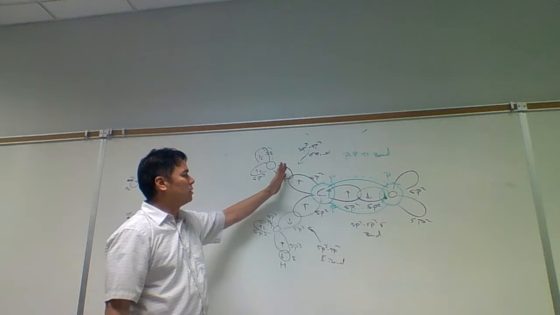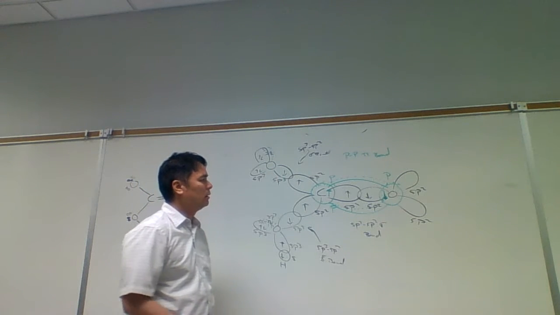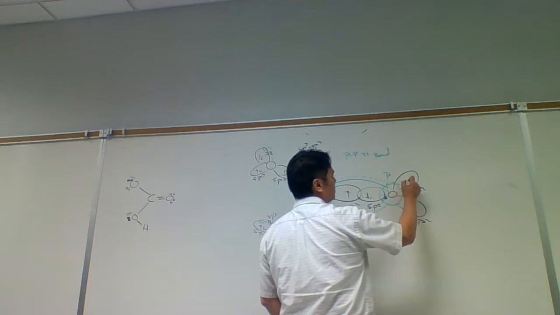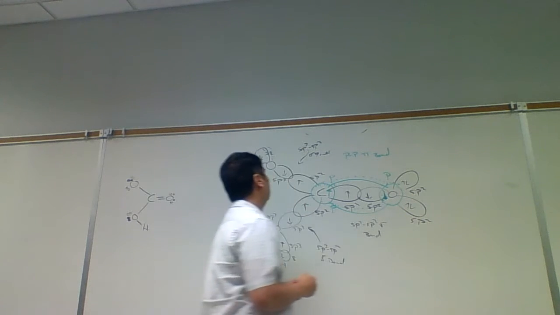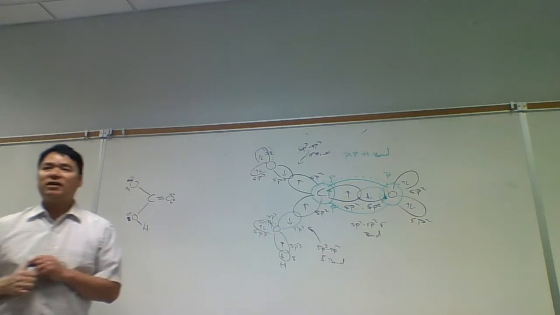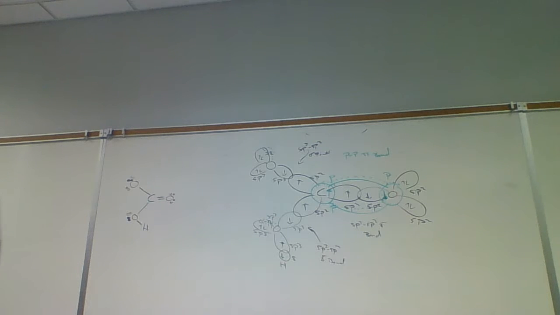But we can draw the dots and get an idea of, I missed the lone pairs here, get an idea of how the electron density is distributed in the molecule itself, and what orbitals and that kind of stuff. So this will do the valence bond analysis for bicarbonate ion, showing a double bond.